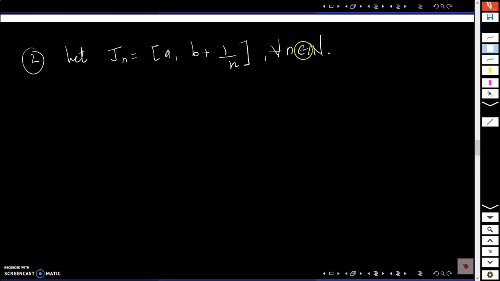So Jn is a subset of R which is defined in this way. What you have to do is find out what is the intersection of all these Jn's. The only difference here is there is no minus 1 by n here, otherwise it's the same Jn. Then find the intersection of all the Jn's.